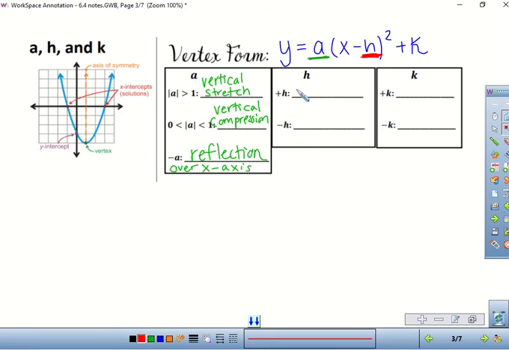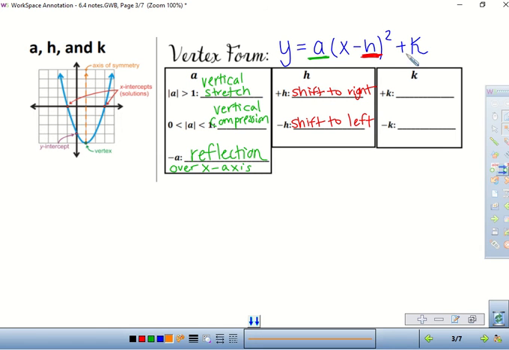But when your h value is positive, this is a shift to the right. And when your h value is negative, it's a shift to the left. Good. Shift to the left.